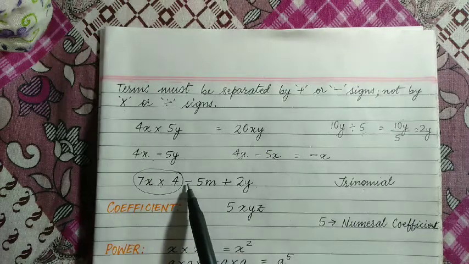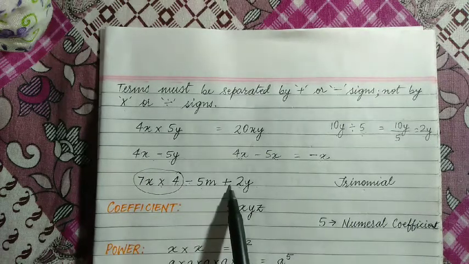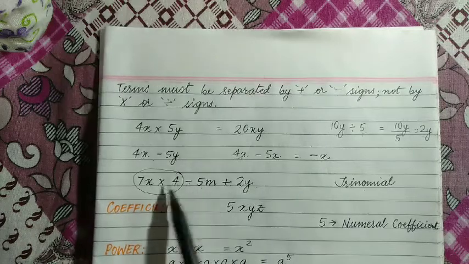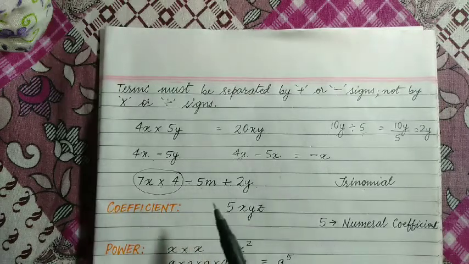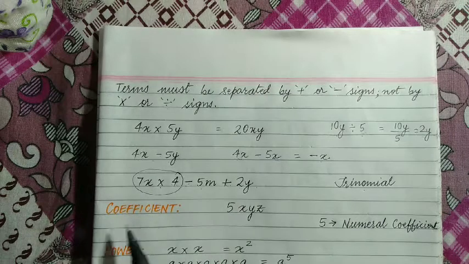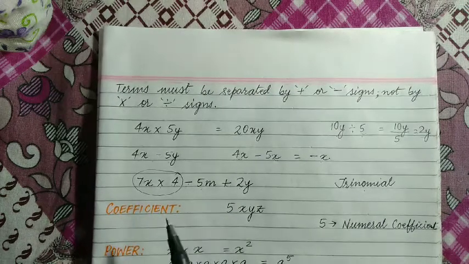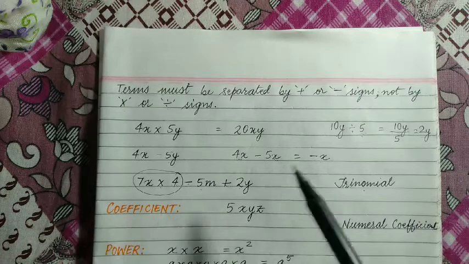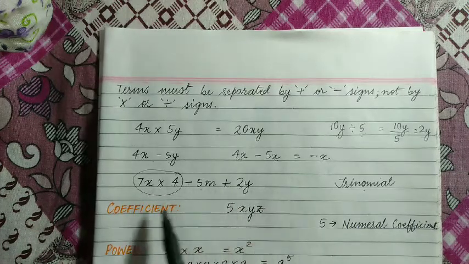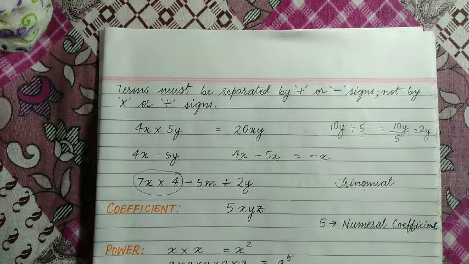Over here we have one minus and one plus sign, that means two signs, so two signs will give you three terms, that is one extra. If there are four signs, then there will be five terms. In that way we can separate the given expression into different terms.